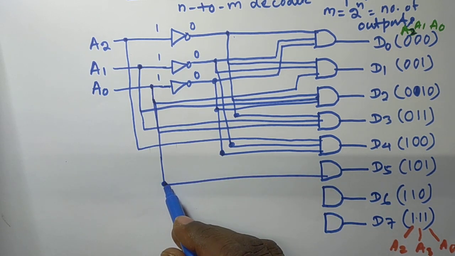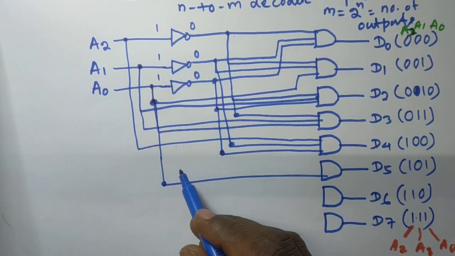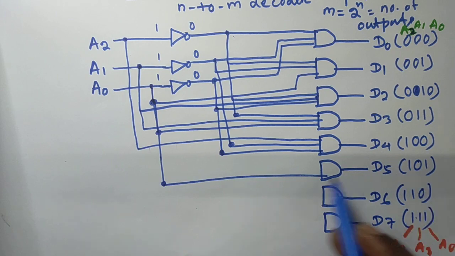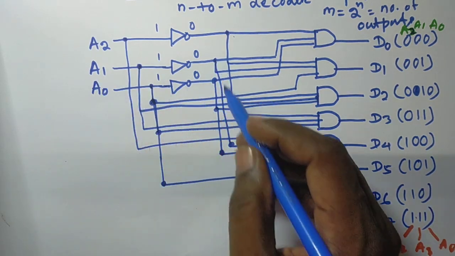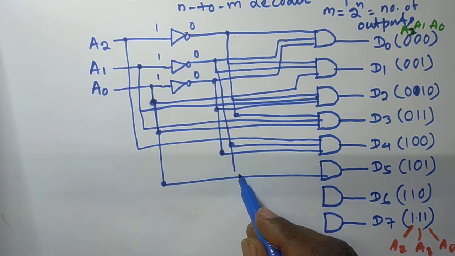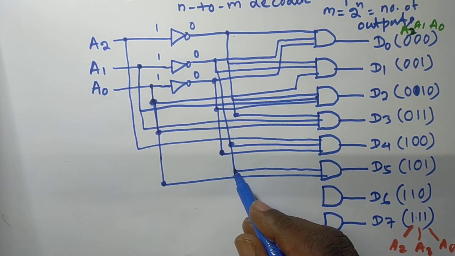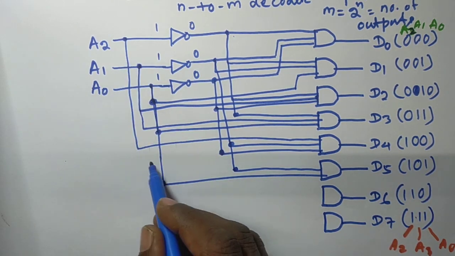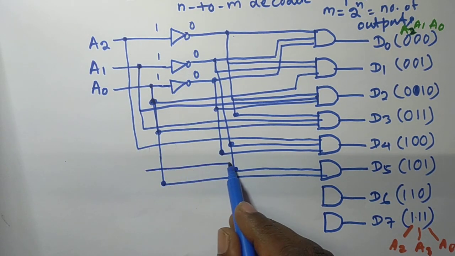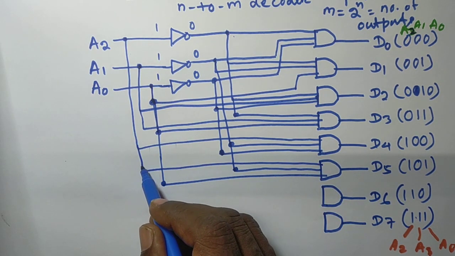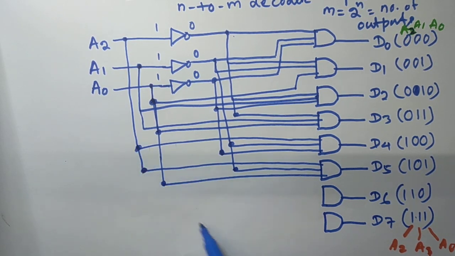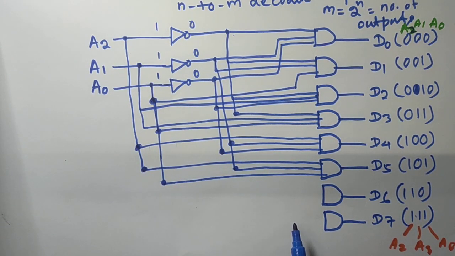Next A1 is 0, so here is A1. Next A2 is 1, so here is A2. We connect in this manner so the identification of which inputs connect to the output is very clear.